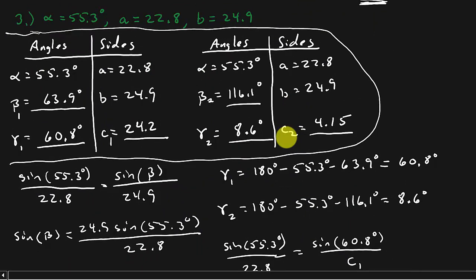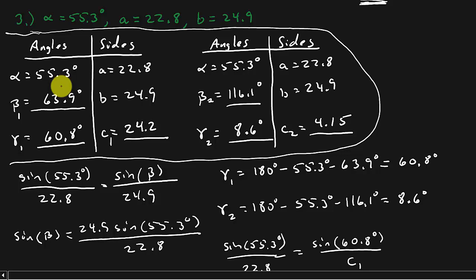So when you check for two triangles, do you see how I'm given one angle and two sides? You see how two angles are unknown? That's when you check for two triangles. When you have the two angles unknown and you're given one angle, then you check for two triangles.